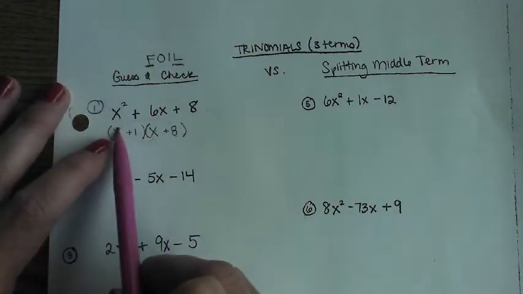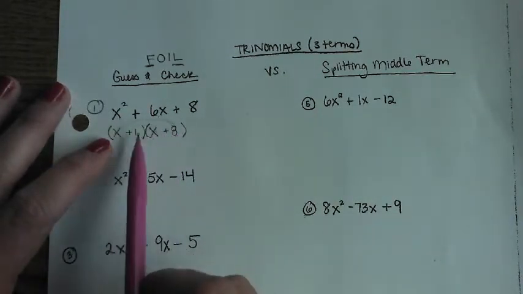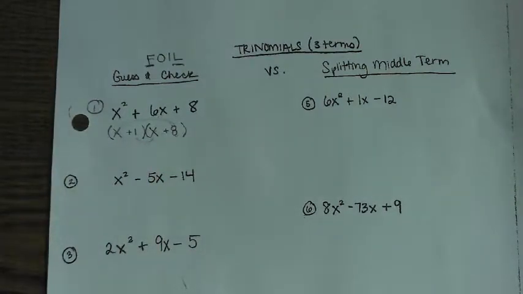So 8x, that's your outer product, combined with 1x, that's your inner product, combine to be what? 9x, right? Is our middle term 9x? No, so that guess was wrong.